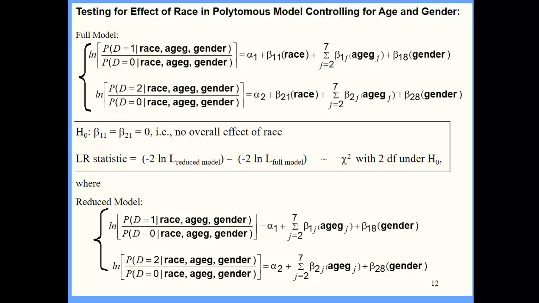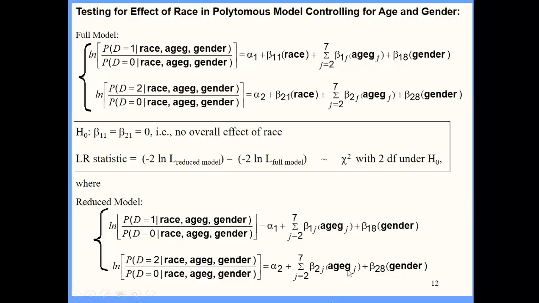Well, what are you testing if you add age and gender to the model? You're still testing whether race is a significant predictor, but now you're controlling for 2 other variables. So your null hypothesis is still whether these 2 coefficients of race are both equal to 0. It's just that you got other variables in there. So your full model is this.